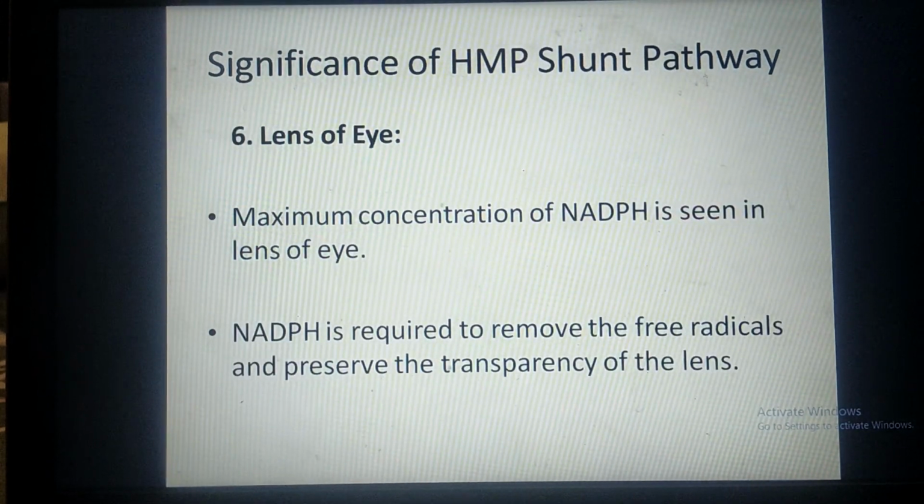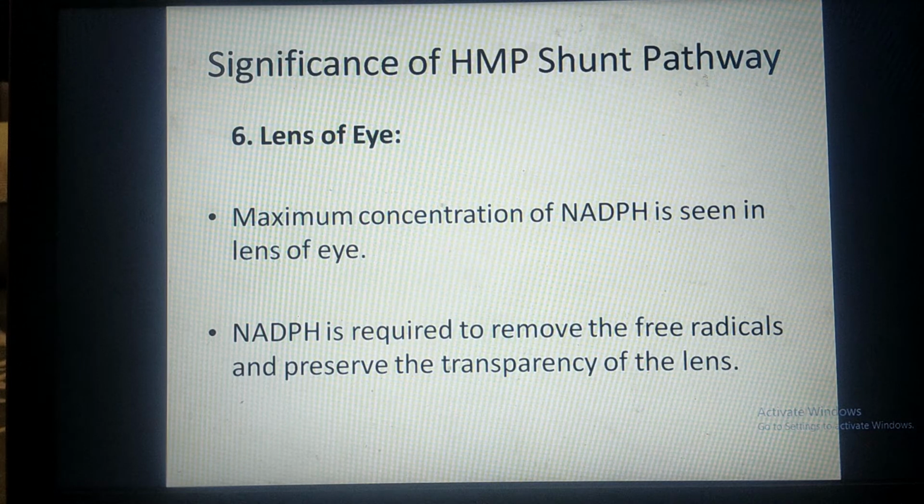Again, the concentration of NADPH is maximum in the lens of the eye, and this is also important because the free radicals which are formed inside the lens, if they accumulate, cause damage to the lens, and the lens becomes opaque, or the transparency of the lens is lost.